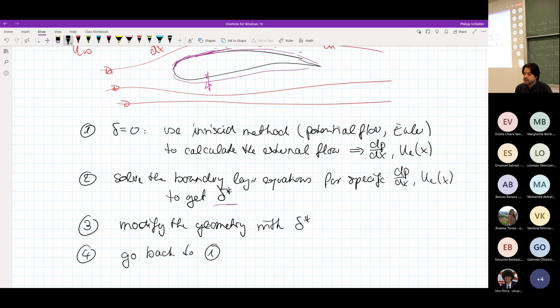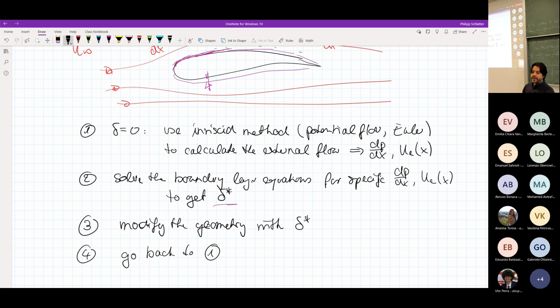Once we have done that, we have solved the free stream with an inviscid method and the region close to the airfoil or the bluff body with a viscous solver with the boundary layer solution. So that's the idea of how you would use this idea from Prandtl, that viscosity is only in a thin layer and outside it's inviscid. We have now included that in our algorithm.